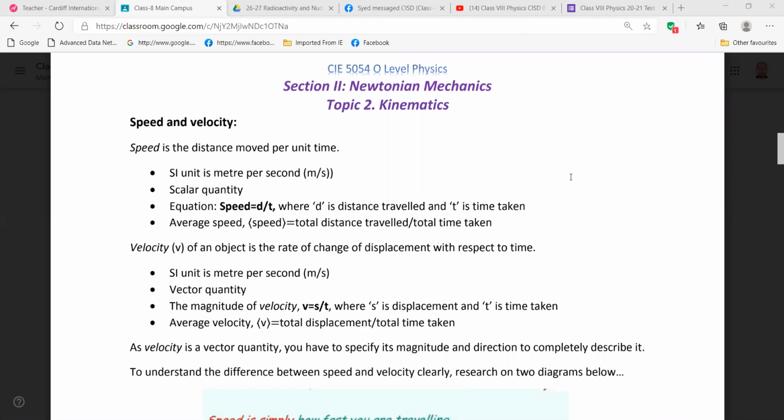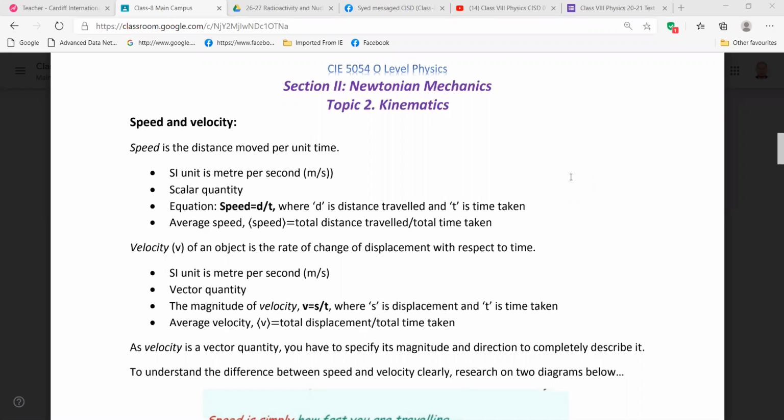Velocity of an object is the rate of change of displacement with respect to time. SI unit is meter per second. Vector quantity. The magnitude of velocity v equals s by t, where s is displacement and t is time taken. Average velocity v equals total displacement by time taken. As velocity is a vector quantity, you have to specify its magnitude and direction to completely describe it.